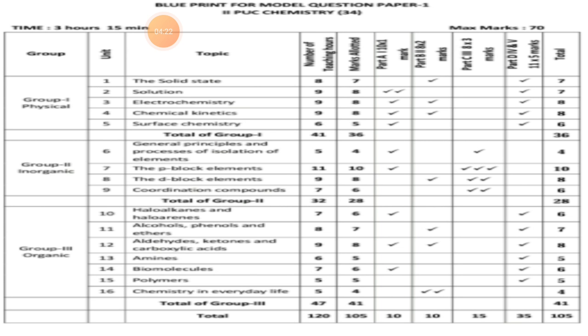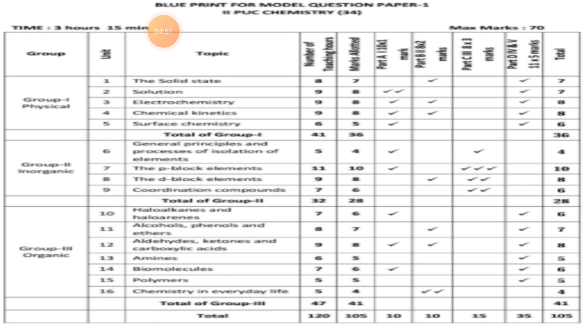The fourth topic is chemical kinetics, which has 9 periods for teaching and once again 8 marks weightage. It has a question for 1 mark in part A, a question for 2 marks, and a question for 5 marks. The fifth topic is surface chemistry, which has 6 lectures and 5 marks weightage.